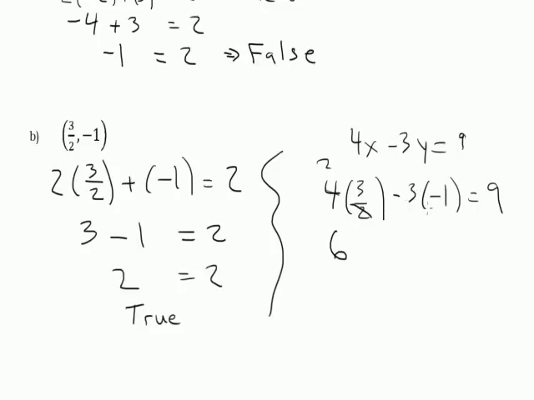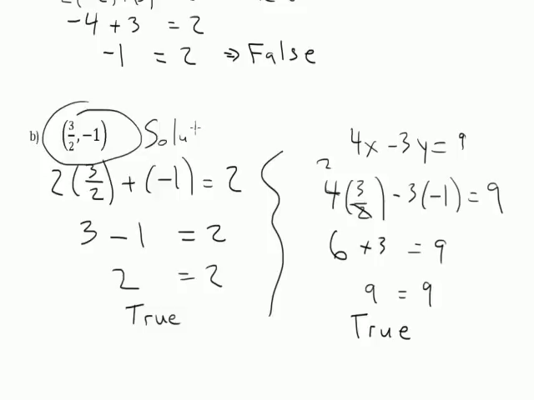Well, -3 times -1 is +3. 6 plus 3 equals 9. Let's see, 9. I'm pretty sure that equals 9. This is also true. Since this ordered pair, this point, made both equations true, it's indeed a solution of the system. So it's a solution of the system of equations.